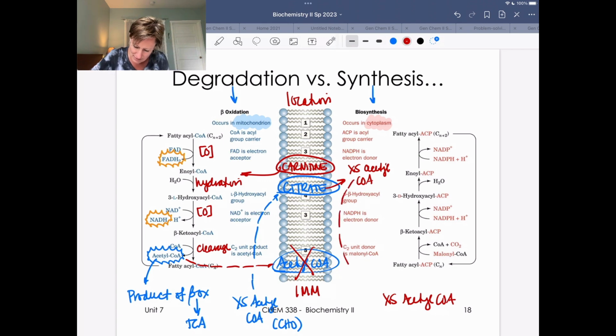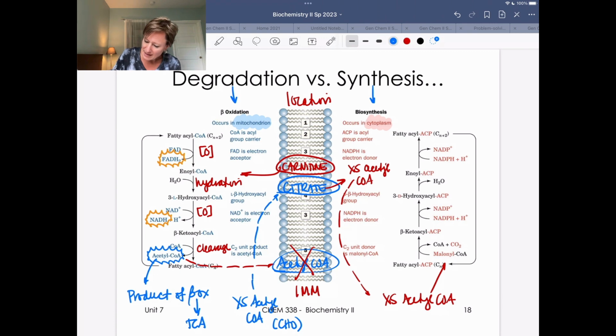That's where we start this process. I'm not going to go through the details now. We're going to have some slides that will talk about this, but here's how this process works. Excess acetyl-CoA is ultimately going to be made into malonyl-CoA, okay?